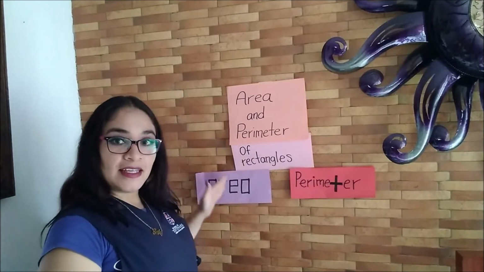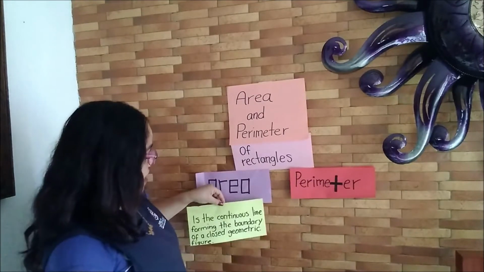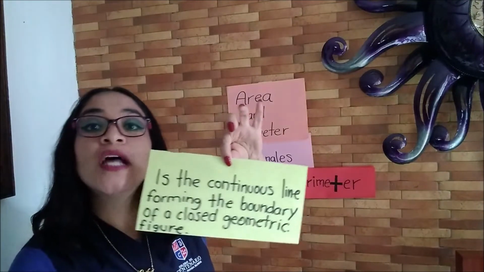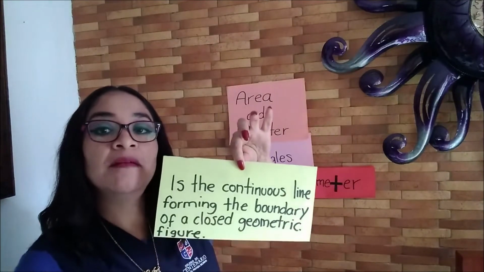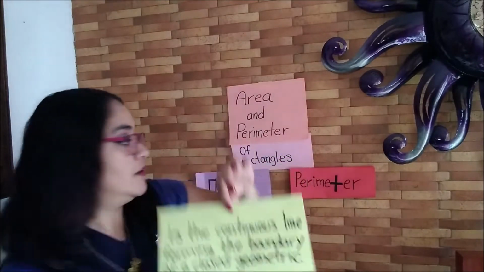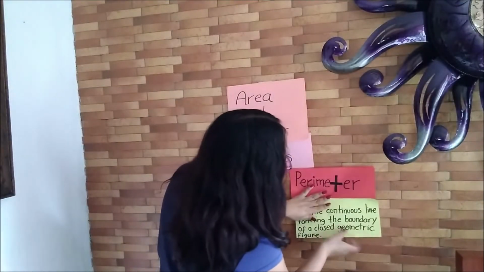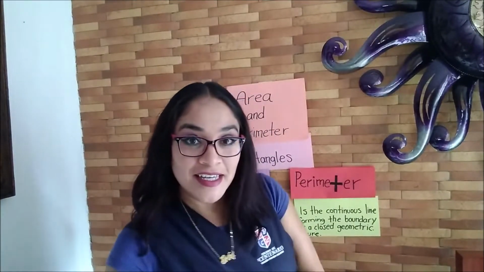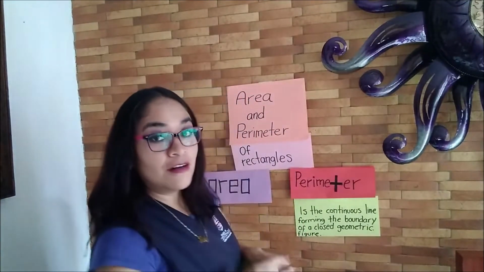So let's write our definitions. The perimeter, as I told you, is the continuous line forming the boundaries of a closed geometric figure. Don't forget to write date, title, and add your frame.